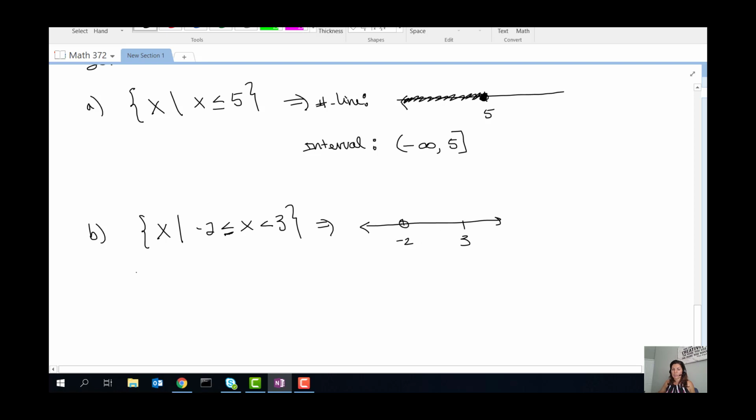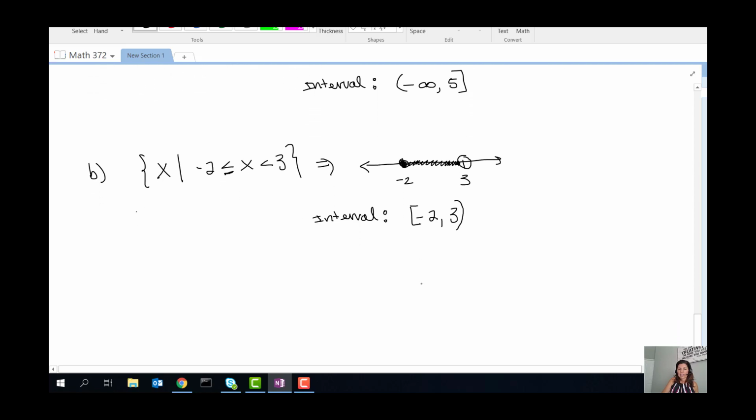So I'm going to put a circle on -2, fill it in. I'm going to shade everything between -2 and 3, but when I get to 3, 3 is not allowed to be a value for x, so that's an open circle. So in interval notation, do I have a bracket or a parenthesis at -2? Well, -2 is included, so it will be a bracket, and 3 is not included, so 3 will have a parenthesis.